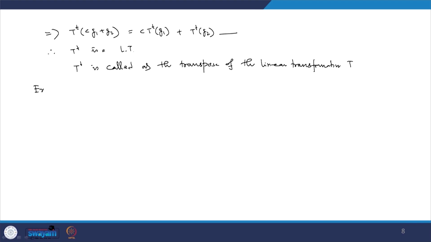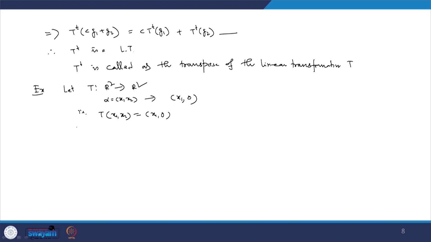One can take an example. Say let T be a map from R2 to R2 defined by alpha equal to x1 comma x2 goes to x1 comma 0, that is T of x1 and x2 equals x1 comma 0.